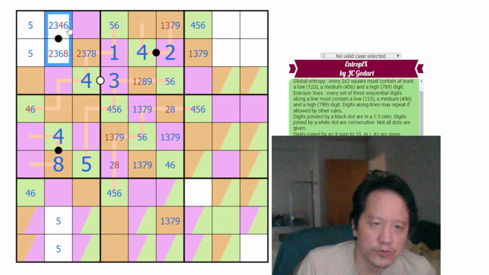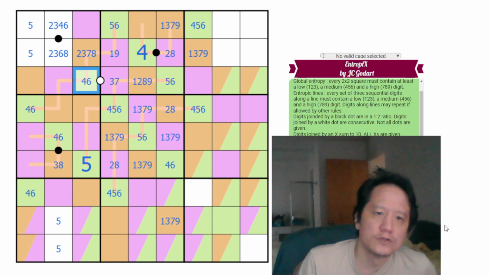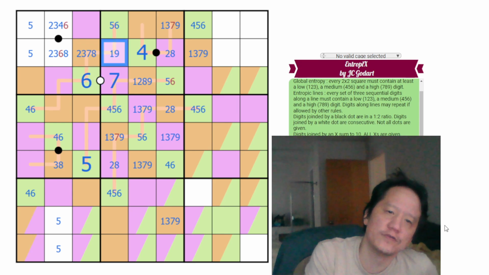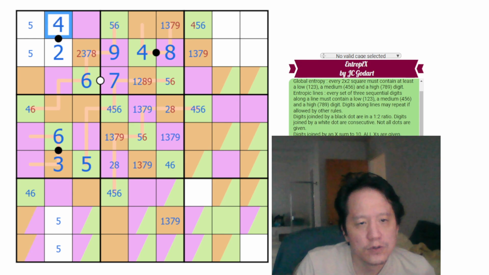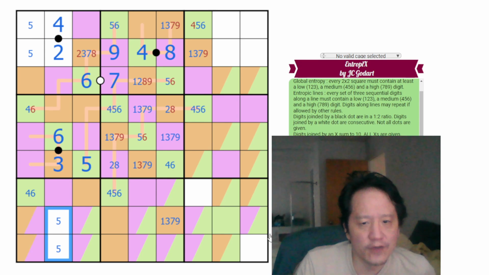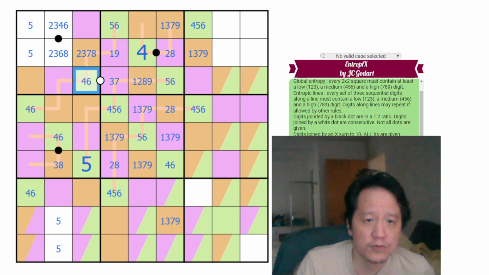So the purples would be here. So this would be high, right? So if this was 6, this would be 7, 8, and 9. This would be 6 and 3. So this would have to be 2 and 4. So this would also have to be high. So either way, that's high. We don't have a color, though.